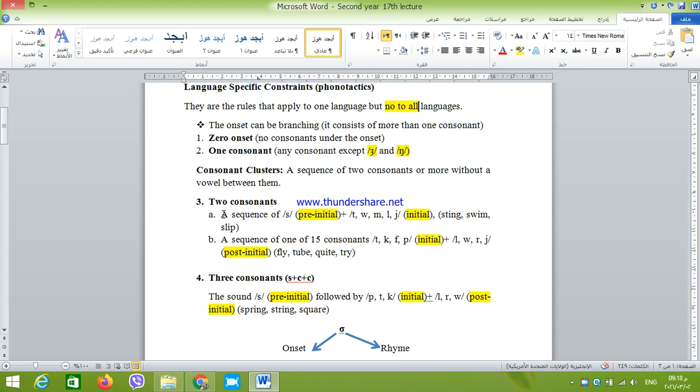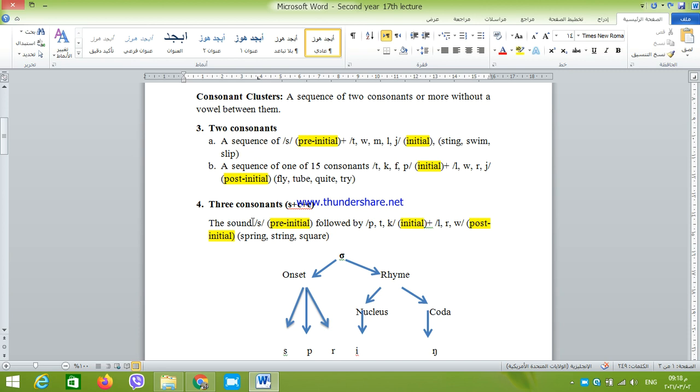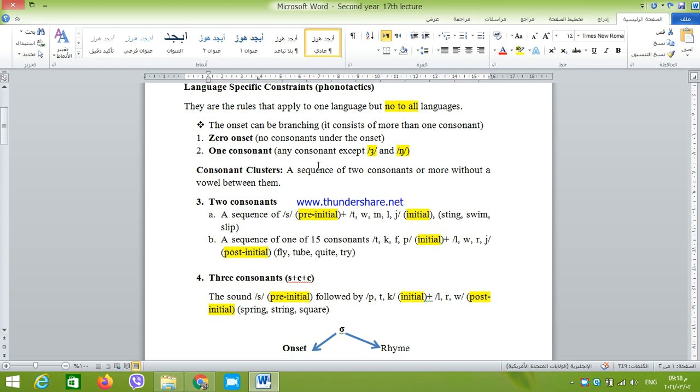In English, not in general. Actually, the first part of the syllable, as you remember, is called the onset. Okay? The onset. So what is the onset? And what is the structure of the onset? The onset is actually any consonant or consonants that precede the vowel.